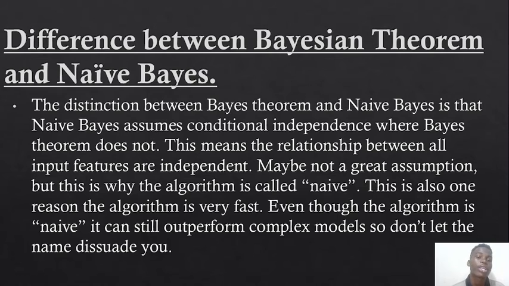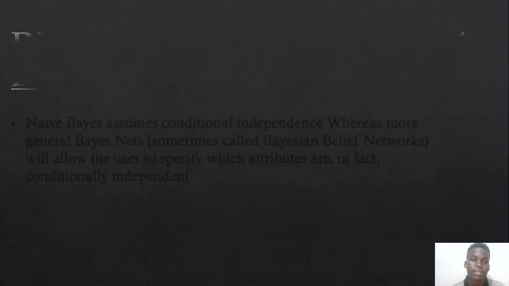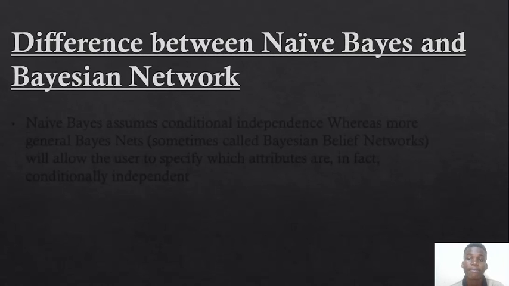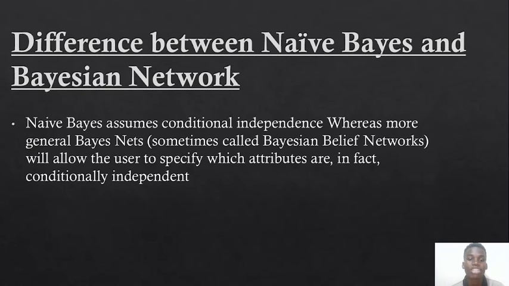We're going to our next slide where we are seeing the difference between naive Bayes and Bayesian networks. Naive Bayes assumes conditional independence, whereas more general Bayes nets, or sometimes Bayesian belief networks, will allow the user to specify which attributes are in fact conditionally independent.